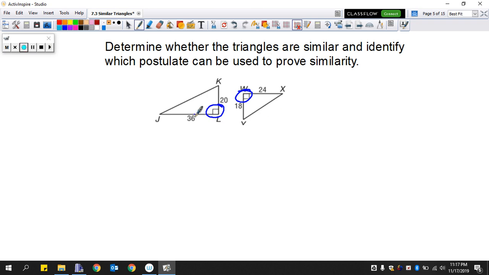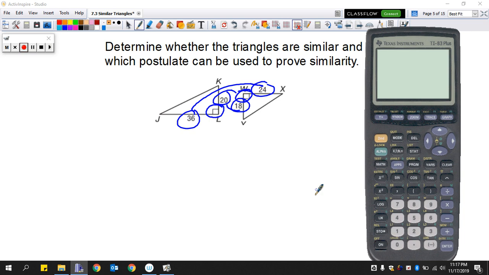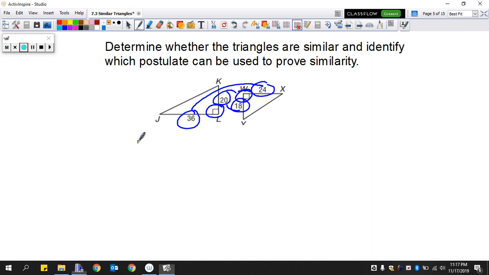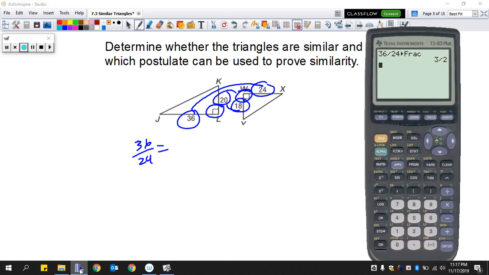So 36 goes to 24, and 20 goes to 18. If we plug that into our calculator, 36 divided by 24, that gives us a ratio of 3 to 2.